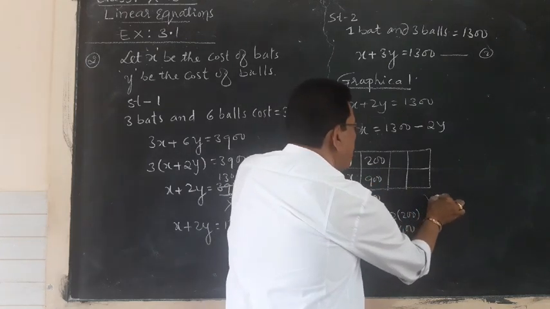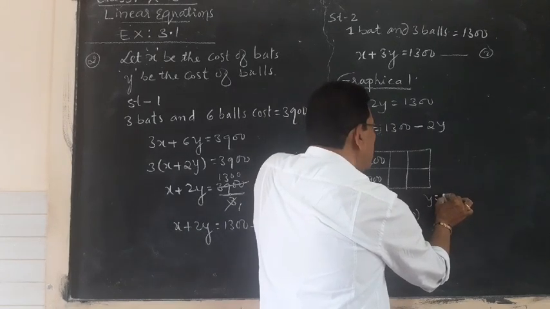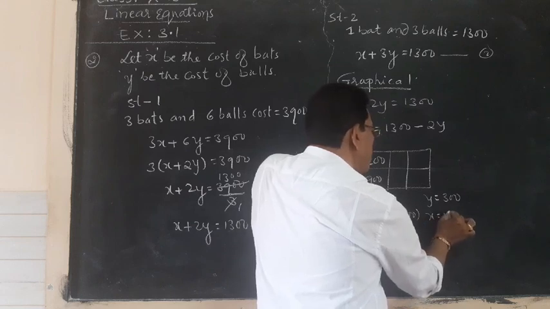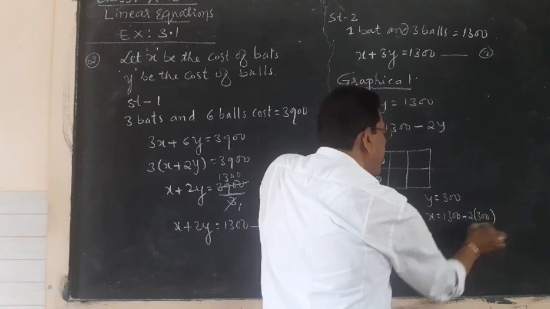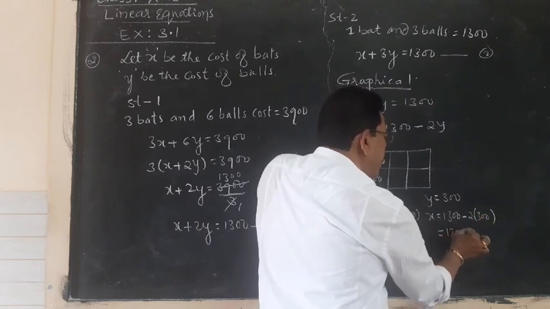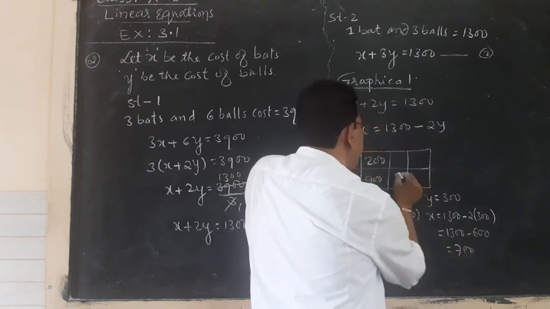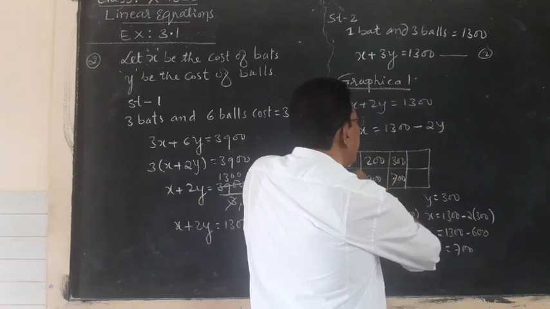Then suppose y equals 300, then x equals 1300 minus 2 into 300, that is 1300 minus 600, which equals 700.